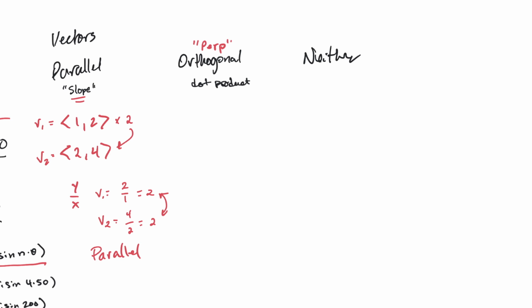The secondary test, in fact, I usually try it in this order first, and then I would try this one second. And if neither one of those, then I know it would be neither, right? So there's no test for neither, it just fails both first 2 tests.